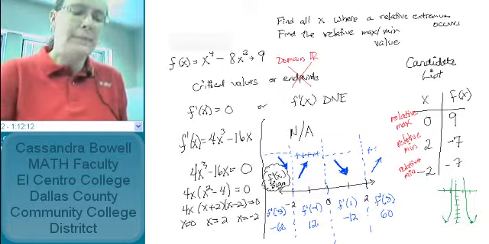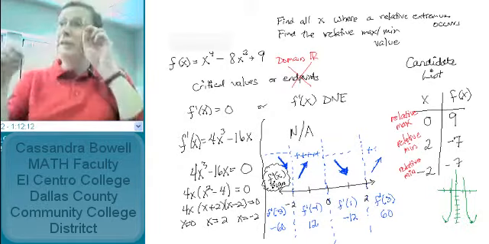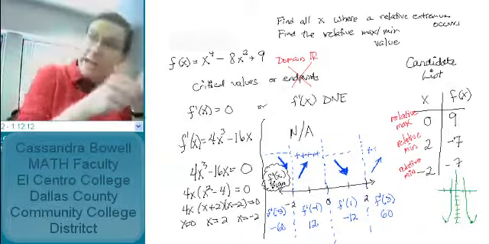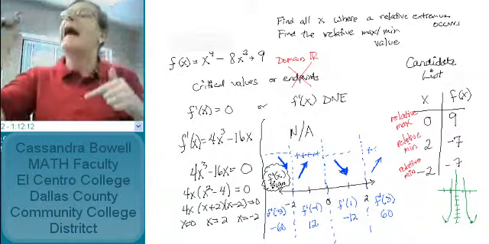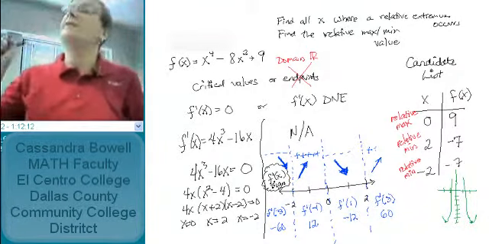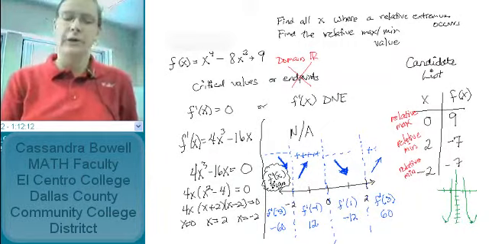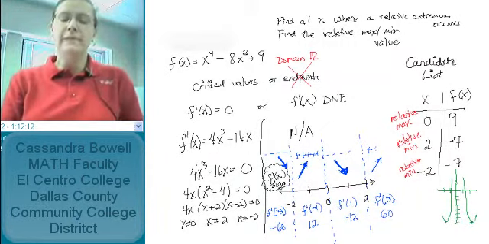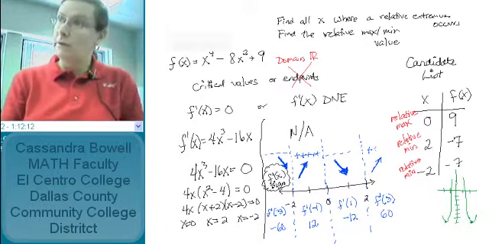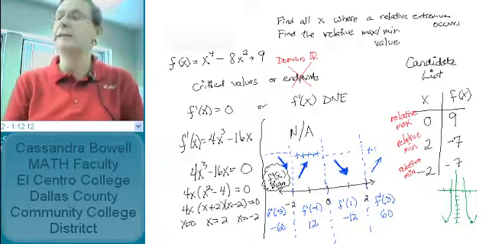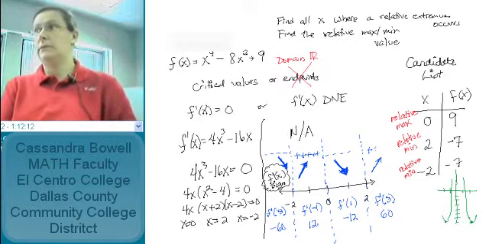So when we're talking about changing signs, we're talking about the first derivative, what it does right before each of those candidates. But the outputs of the function are the maximum or minimum values. So in other words, this is a relative max that occurs at 0, and the relative maximum value is 9. Okay?